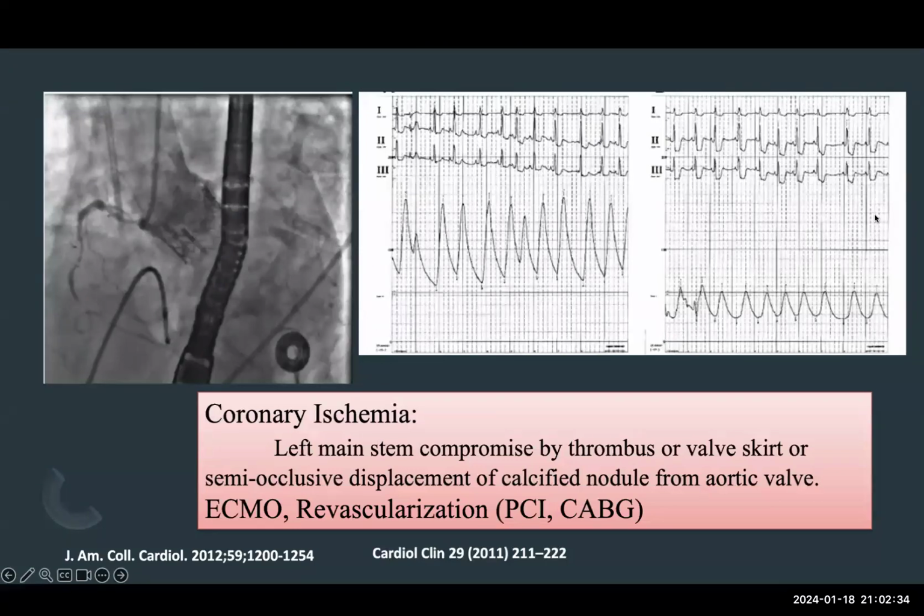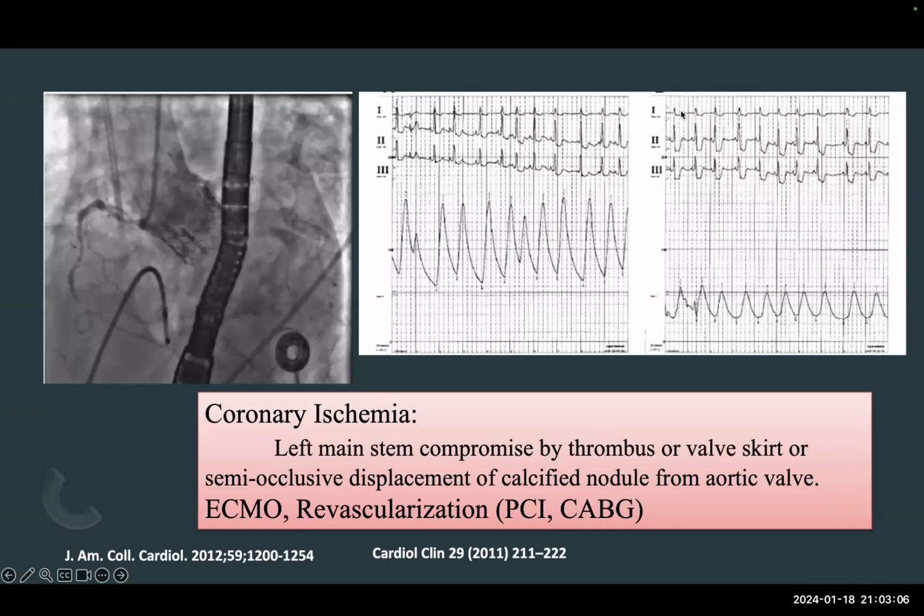Here is what they can show you. The patient has had TAVI, and all of a sudden this happens. This is his blood pressure, and now his blood pressure. There is hypotension, and when you see the ECG, there is clear ST depression. Whenever you see ST depression in lead 1 and lead 2, those are not related leads. Lead 2 is an inferior lead. Lead 1 is a lateral lead.